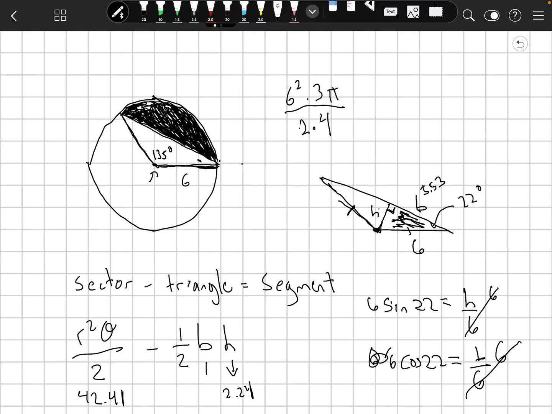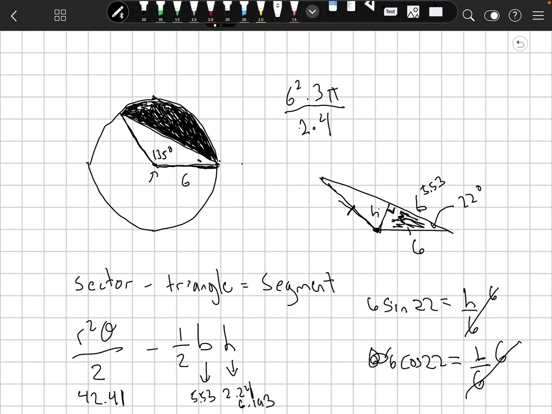Let's see if we can figure out the area of the triangle now that we have these numbers. I'm going to type in 0.5, that's 1/2, times 5.53, times 2.24, and I get 6.193.